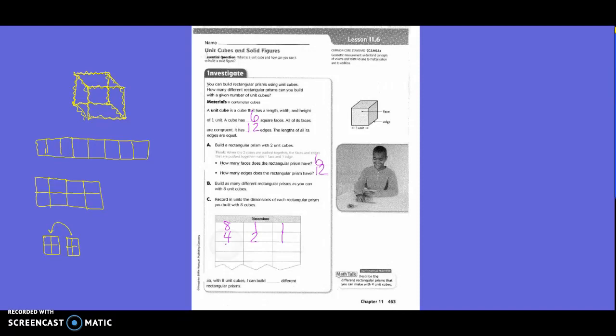How many rows? 2. And then how tall did you have them? 2. They were stacked too high, right? So with 8 unit cubes, I can build 3 different rectangular prisms. Now, we probably could have come up with a whole bunch of different shapes, right, guys, but we had to have rectangular prisms, right?